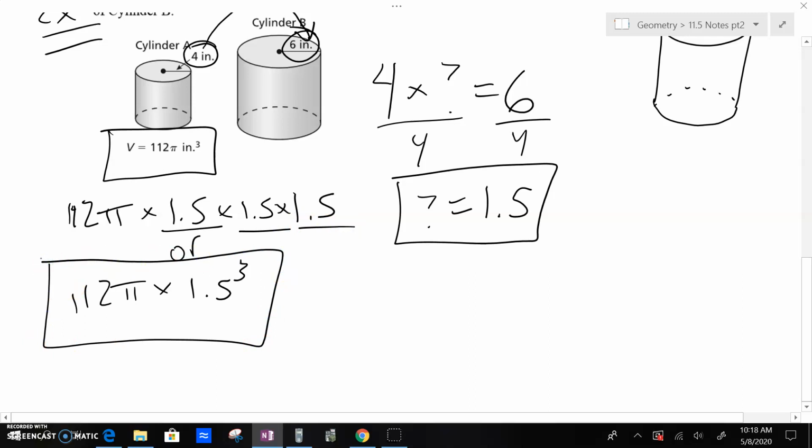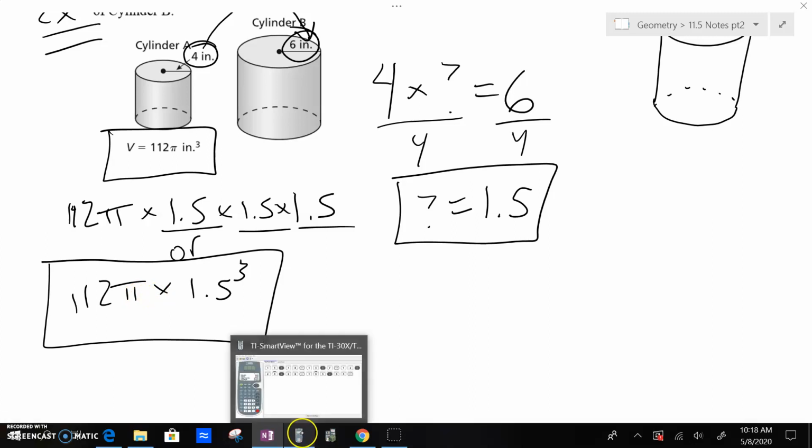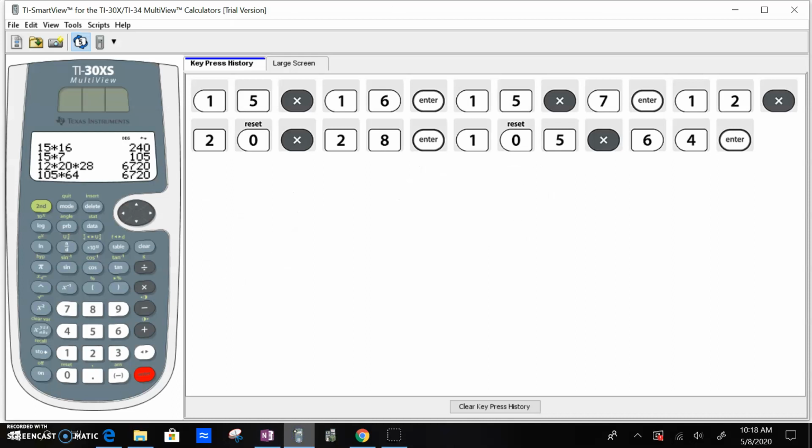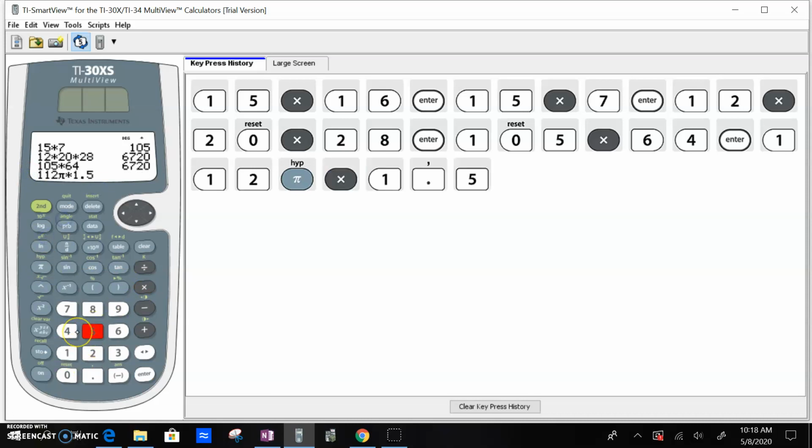So let's do that. Let's find that volume. So 112 pi times 1.5 cubed. And I'll show a couple of different ways to actually write the answer. So let's see, 112 pi times, and then we're going to go 1.5 cubed. Cubed is a tough one. We can literally type it out 3 times, or there's usually a little caret, an up arrow.